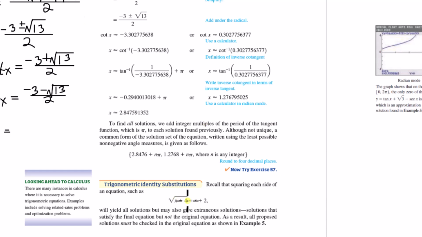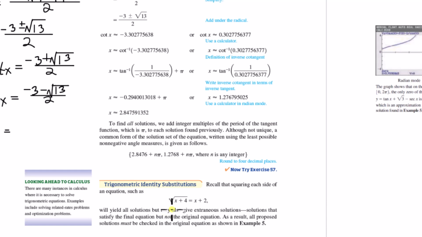Okay, so now they want to talk about the idea of extraneous solutions. Remember, with a radical equation, you could get extraneous solutions because of the process of squaring both sides. Not so much because of the radical, but because of having to square both sides. Extraneous solutions come out of that.